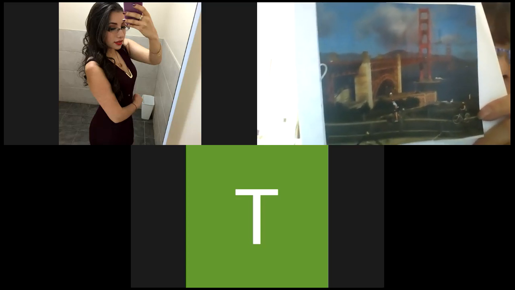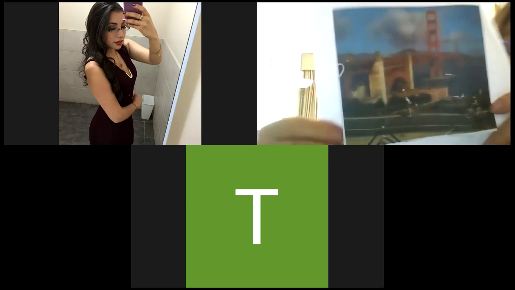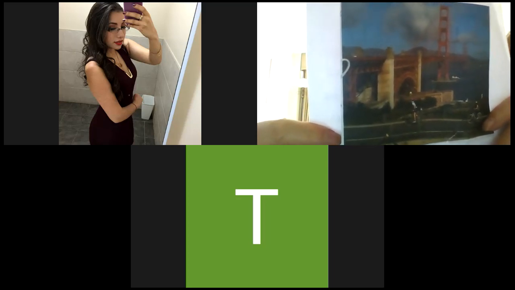Okay, this is in California. Kimberly, can you? I just have to make up a story using the image? Yeah, using this image. Invent a story. Say, for example, you see there are two people here, right? And this is in California, right? Do you know where this bridge is?